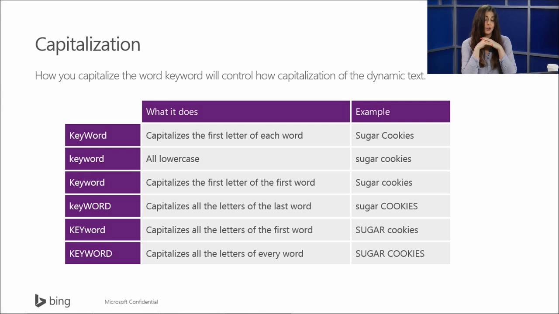I don't think I've ever used any of these other ones, but there are other options available, and use these if they make sense for the keywords that would be inserted. So the final 3 are capitalizing all letters in Word, so capitalizing W-O-R-D, and that'll capitalize all the letters of the last word in your keyword string.